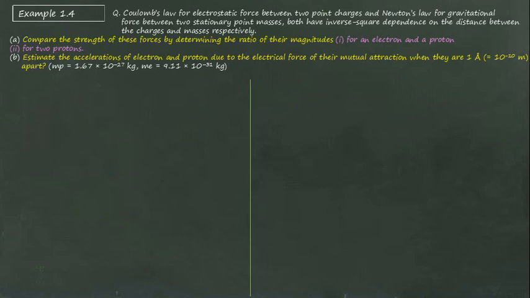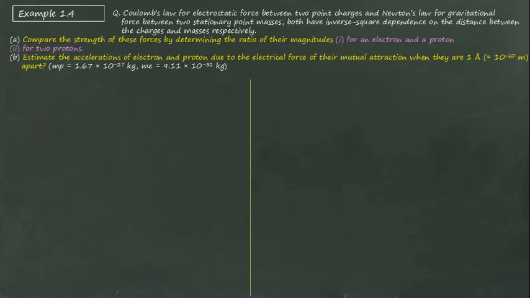Estimate the acceleration of electron and proton due to electrical force of their mutual attraction when they are 1 angstrom, that means 10 raised to minus 10 meter apart. Mass of the proton 1.67 into 10 raised to minus 27 kg and mass of the electron is 9.11 into 10 raised to minus 31 kg.